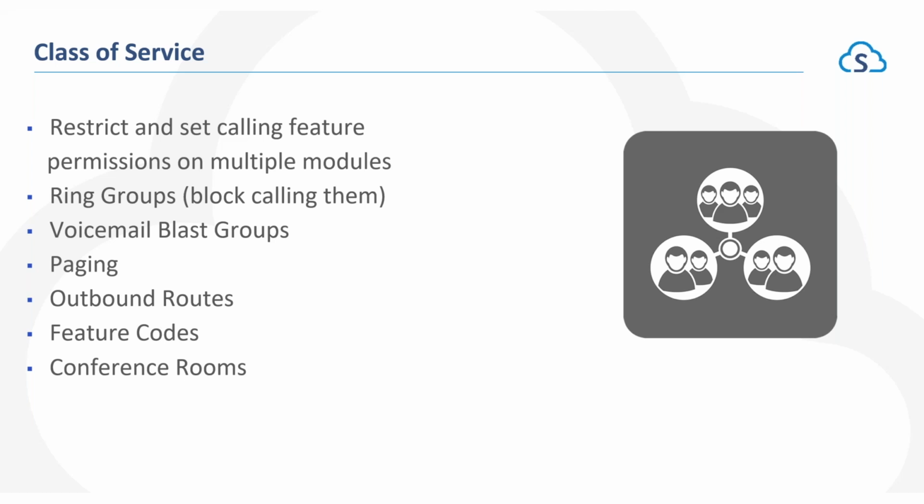Feature codes, for instance, to listen in, barge or whisper: you don't want anyone to know that code and, for instance, listen in on the headmaster's or the CEO's personal calls. You can restrict access to conference rooms. So this gives you an even more granular set of permission rules for individuals or for groups.